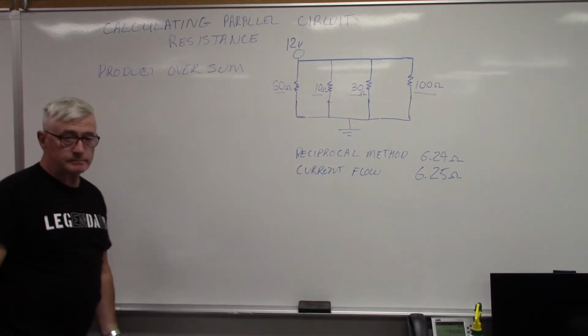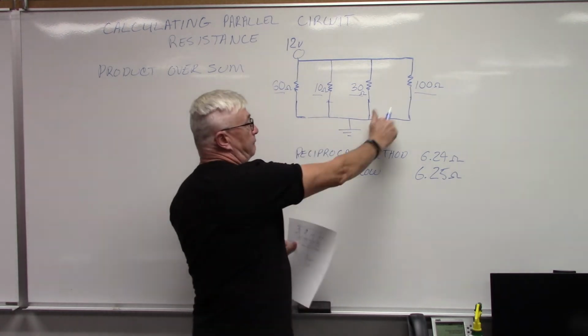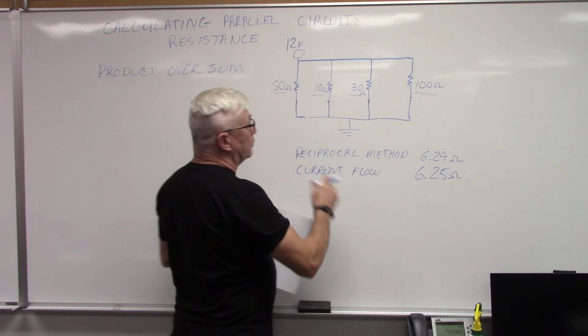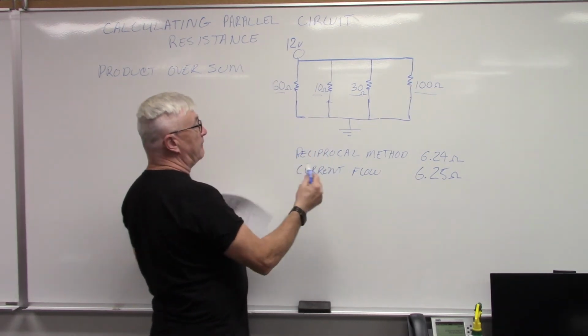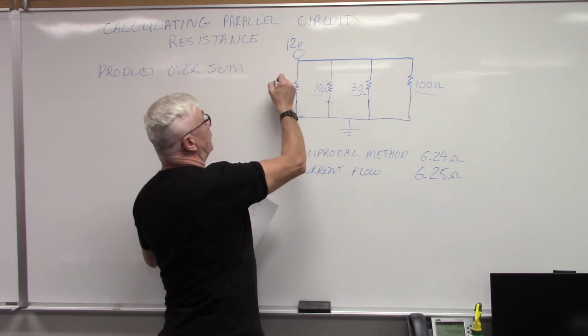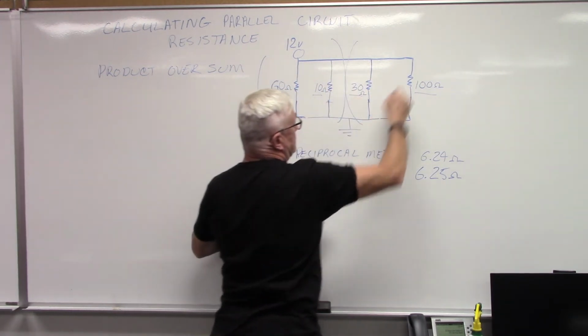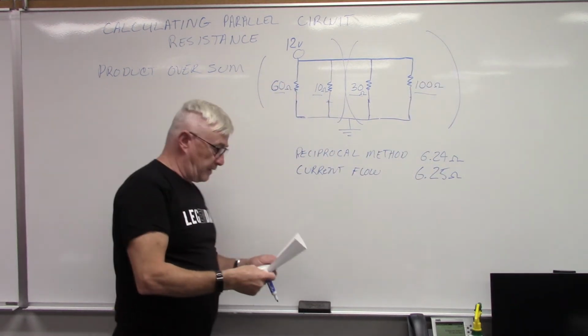Looking at my circuit here, I have 4 branches or legs that are all different. In order to keep the math as little as possible, I'm going to put these 2 branches together and these 2 branches together and do the math for them individually.